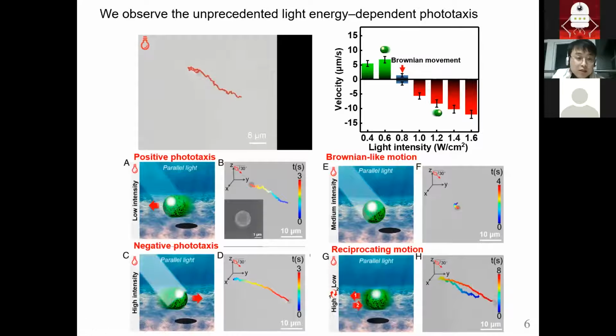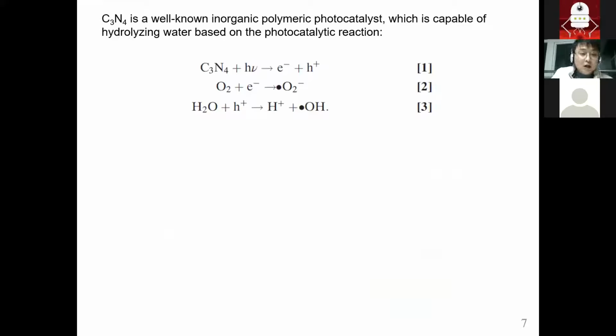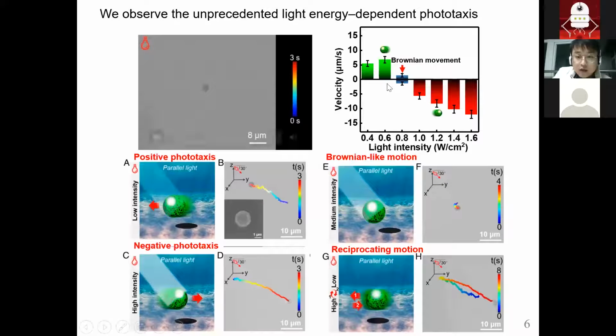After around 4 seconds, as the light energy is increased, the micromotor slowly decelerates and stops, then changes its direction and moves away from the light source. Let's see it again.